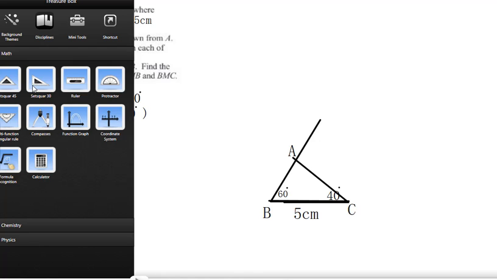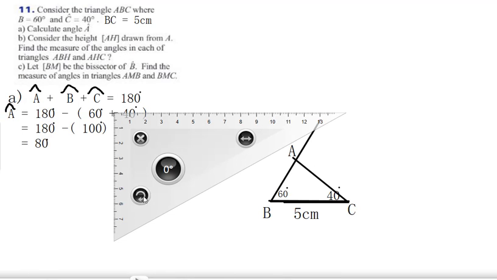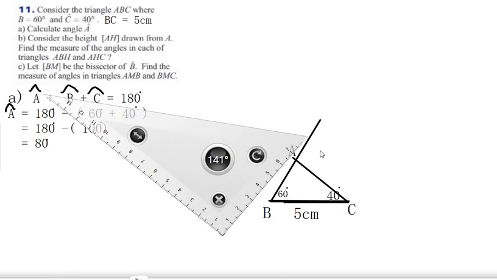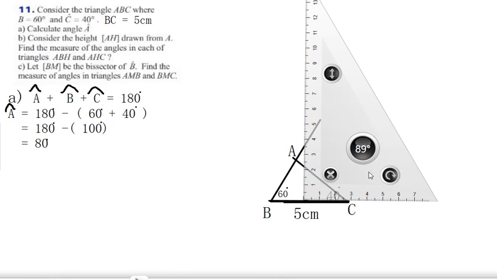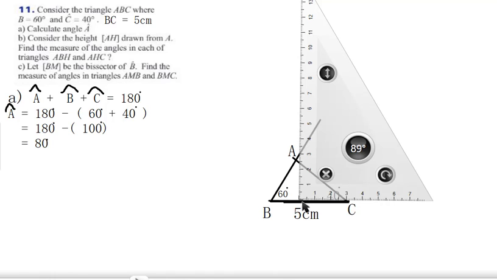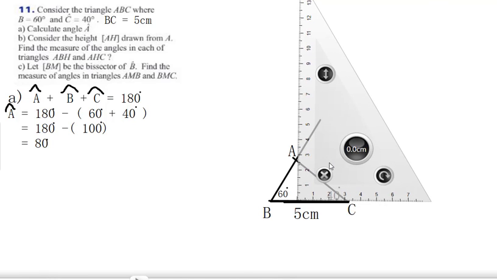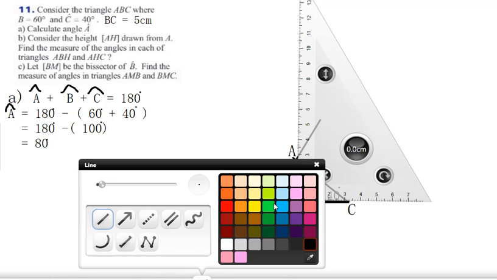Using the set square, line it up correctly with the side on BC and the other side passing through A. Look here, this is passing through A, and the right angle is on BC. Let's draw the height.